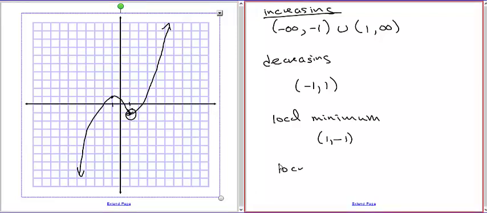And the local maximum is going to be -1, +1. That's the coordinates at that point. So these represent intervals. These represent coordinate pairs.